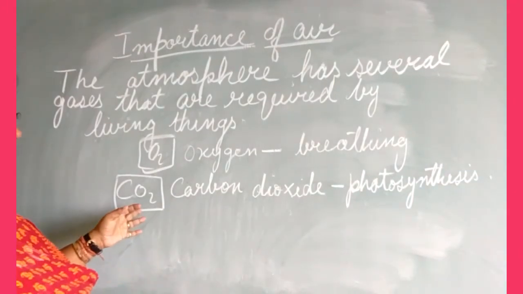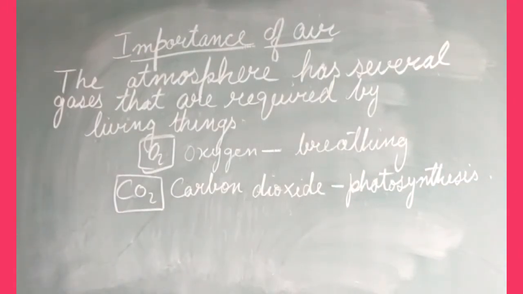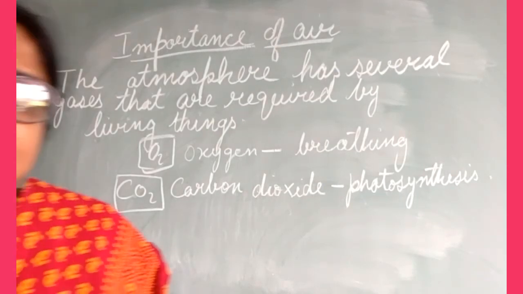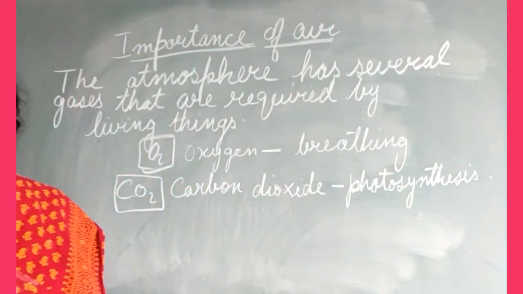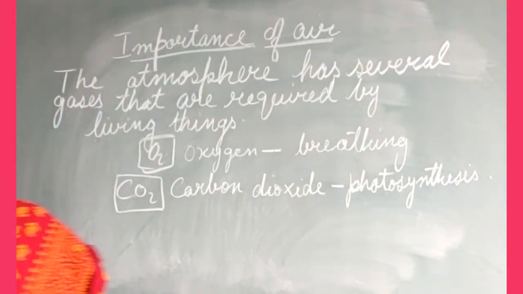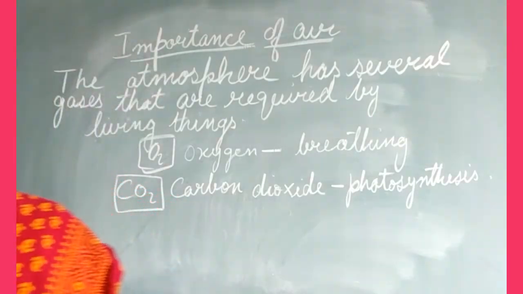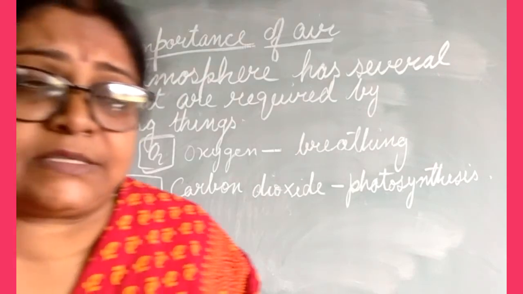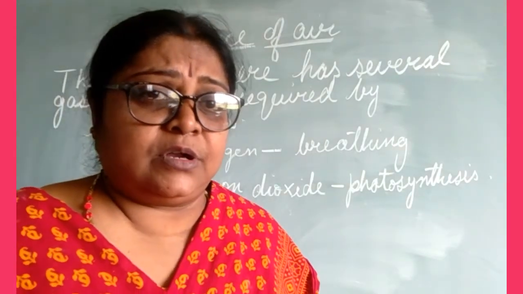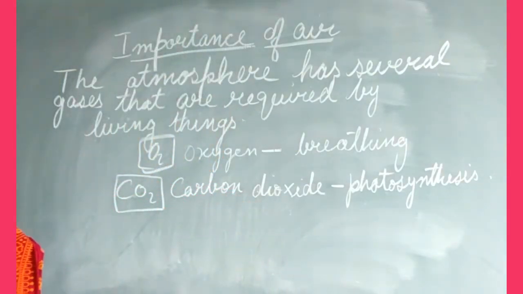Next, carbon dioxide. In the process of photosynthesis, green plants make their own food, and they need carbon dioxide, which is CO2.